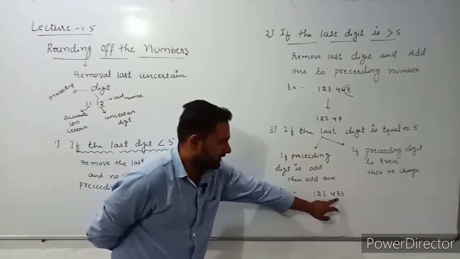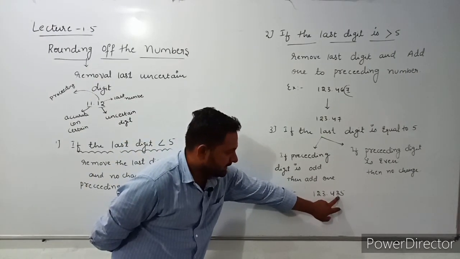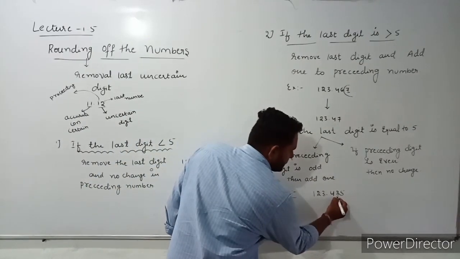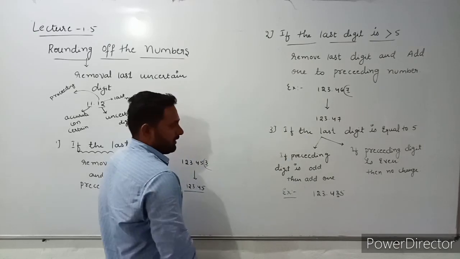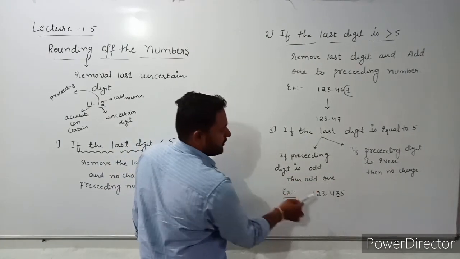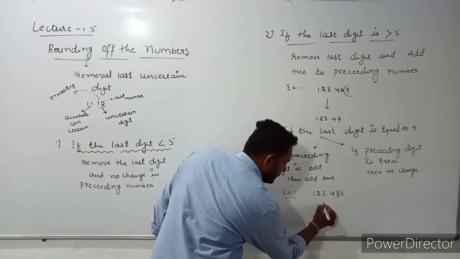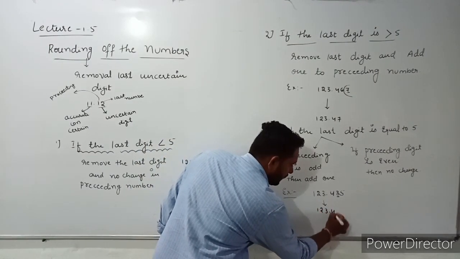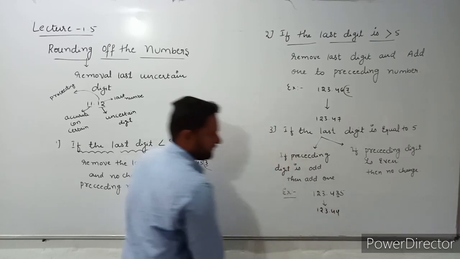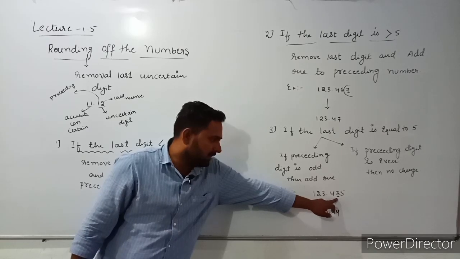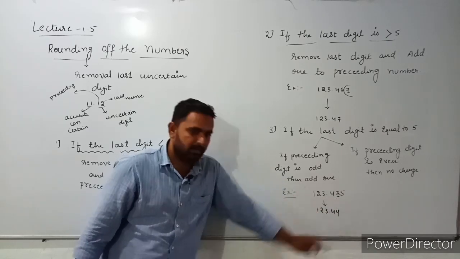This is 3. It is an odd number. If the preceding digit is odd, then add 1 to preceding number. Then this number becomes 123.44. When the preceding number is odd, then add 1.